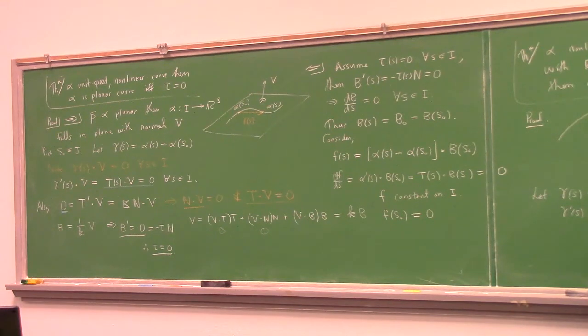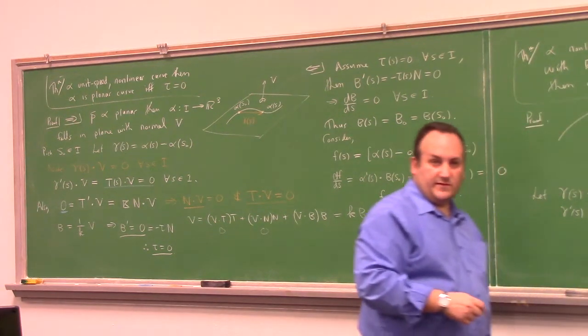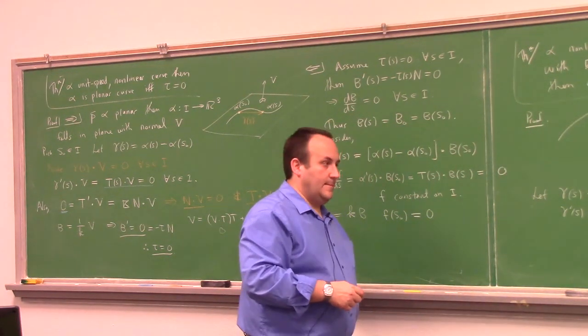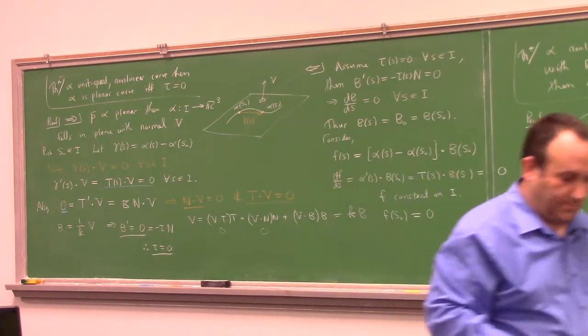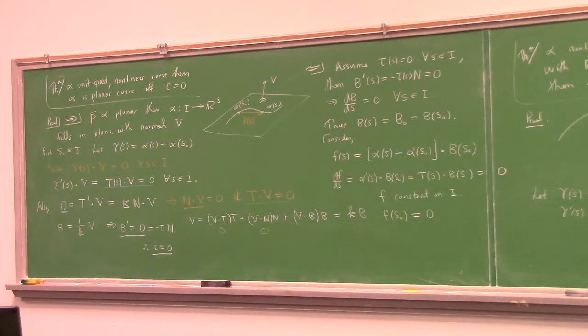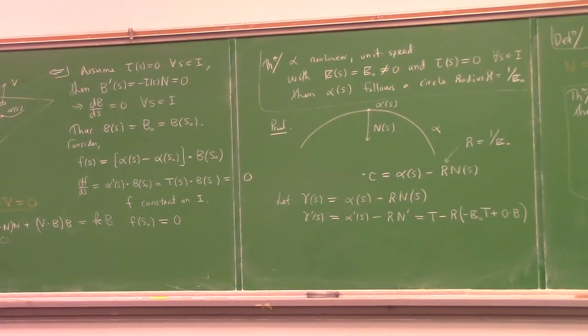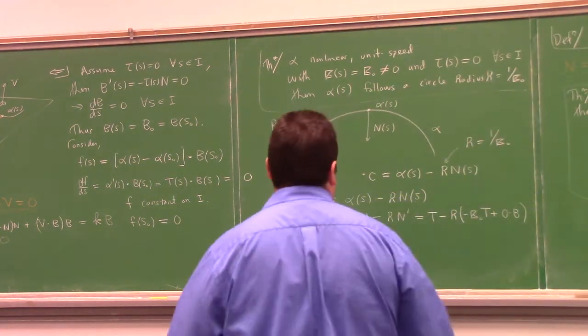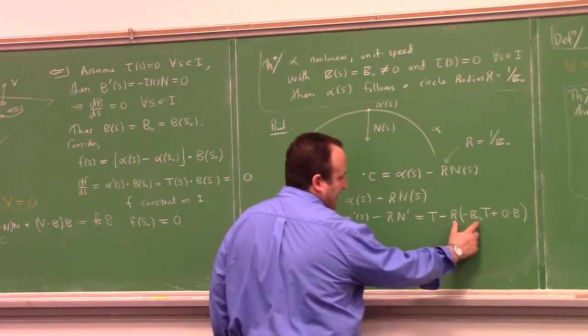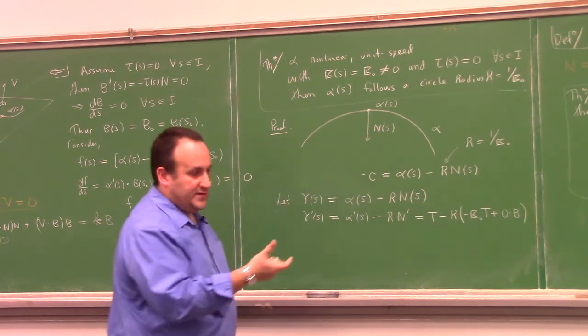Plus the torsion, which is 0 times b, using the second Frenet-Serret equation right there, right? So what happens with that r and that kappa naught now? Well, these guys cancel. Minus minus gives me plus.